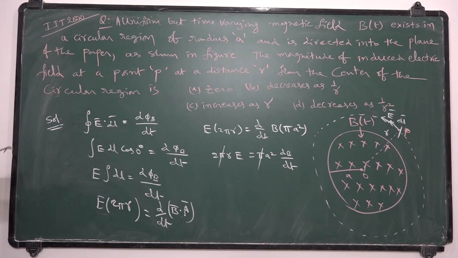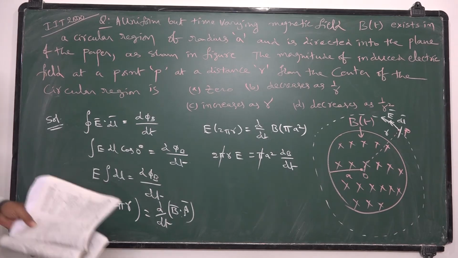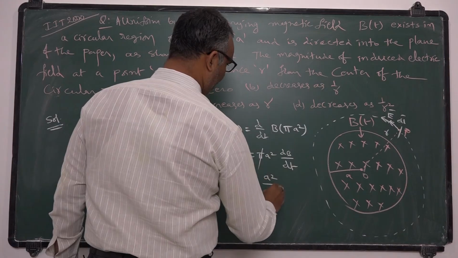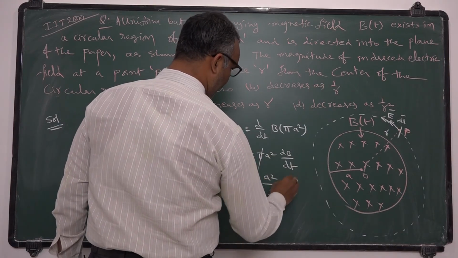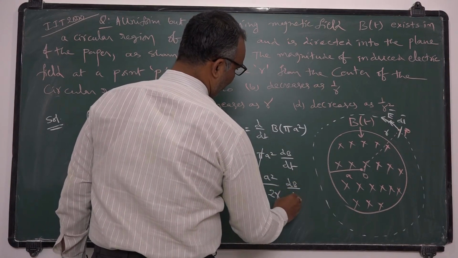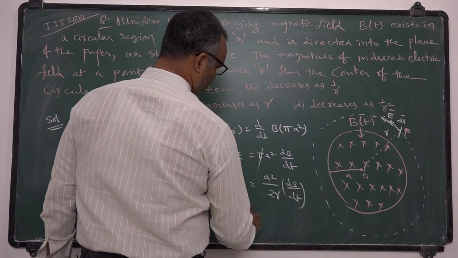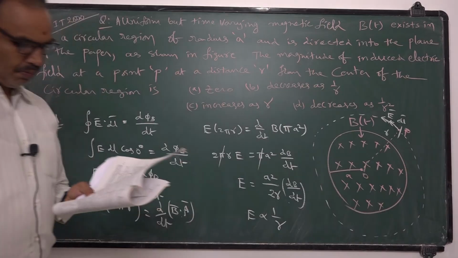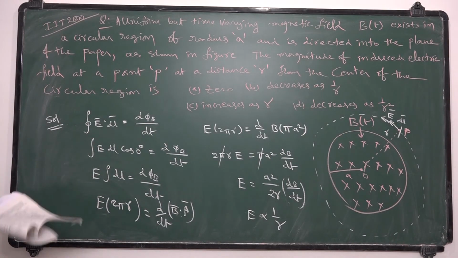So the induced electric field is given by E = a square by 2r into dB by dt. So E is proportional to 1 by r.